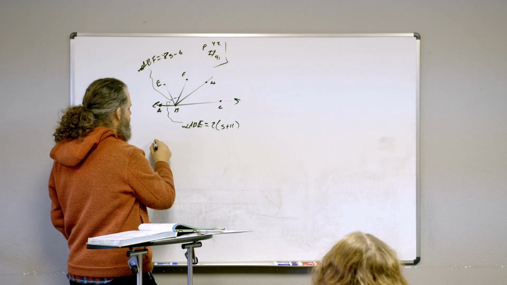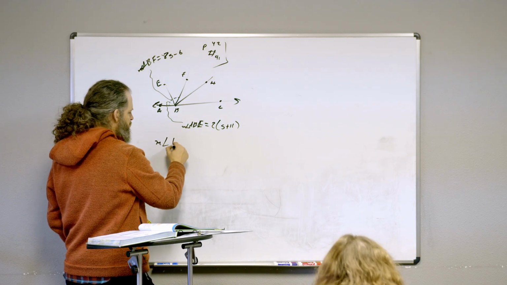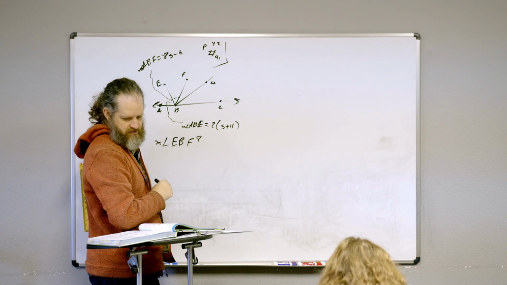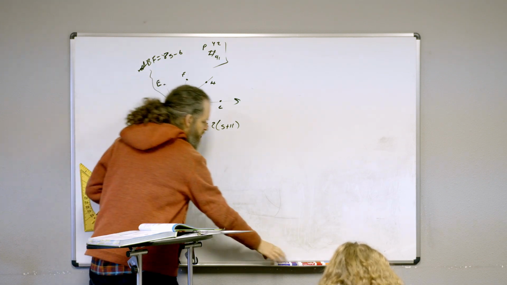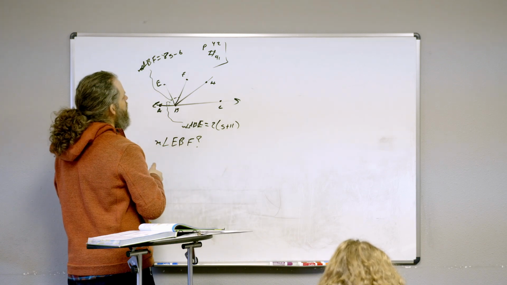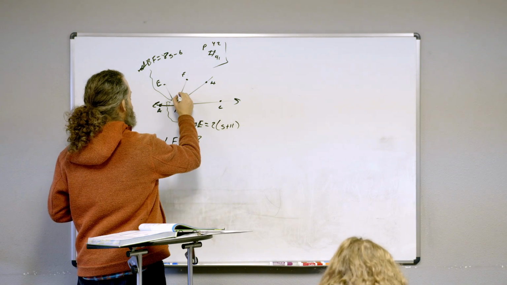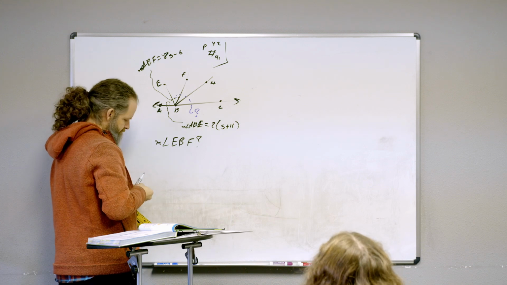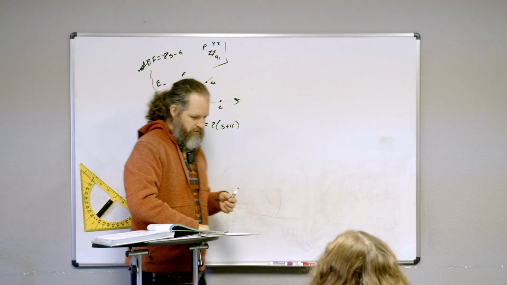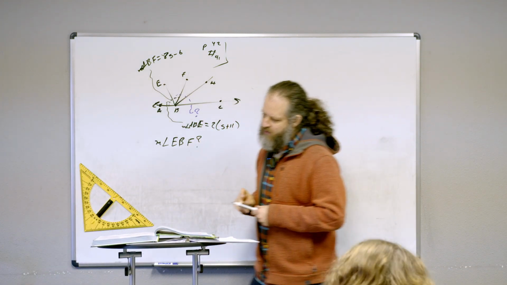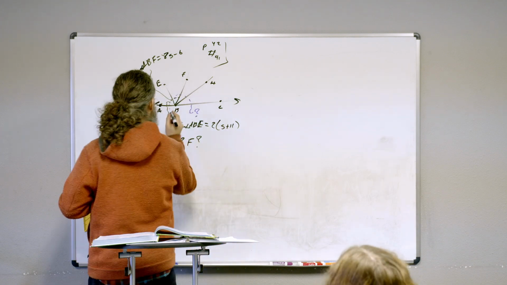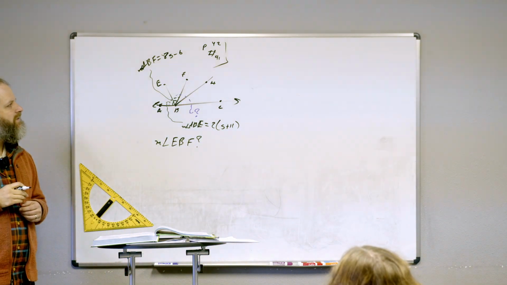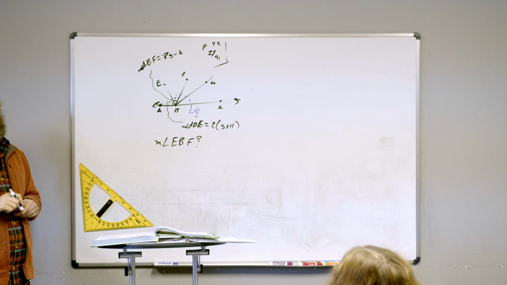And we want to find the measure of angle EBF, which is this one. All right? So, let's see, what else does it tell us in the picture? It tells us this, right? Great. So, what should we do?